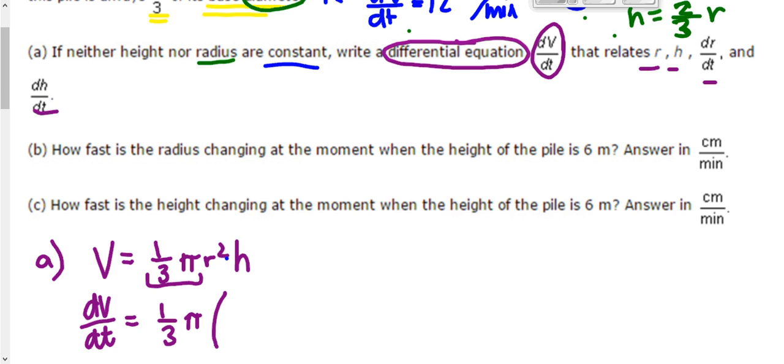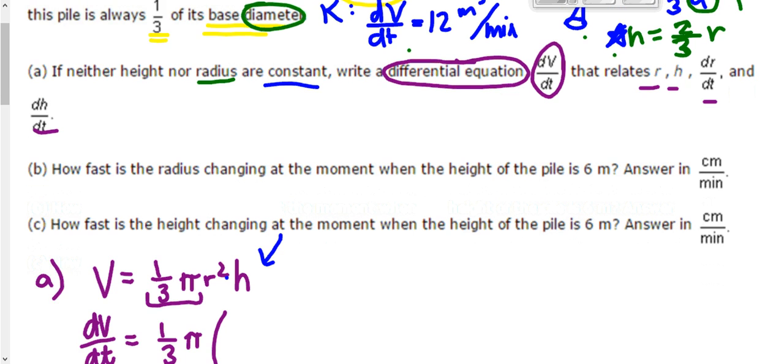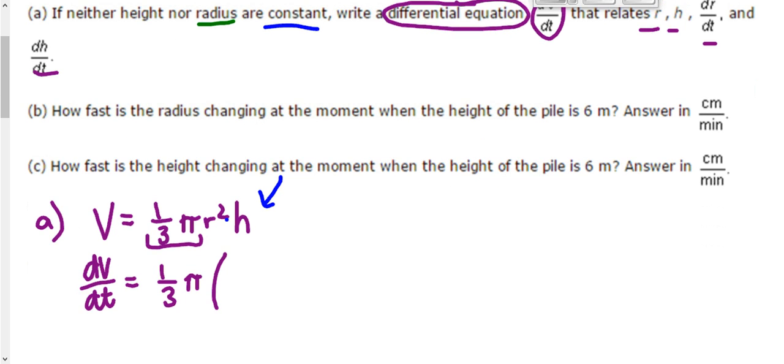If you would like to, you can substitute in h and get only r's. So for h, you would put 2/3 r right here and then take the derivative. That is also fine. There are multiple correct answers to this part, so it's just however you decided to solve this problem.